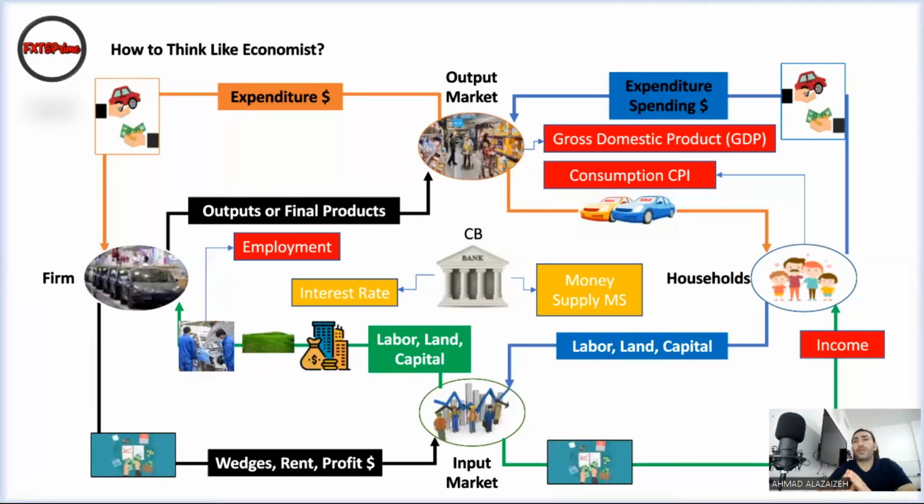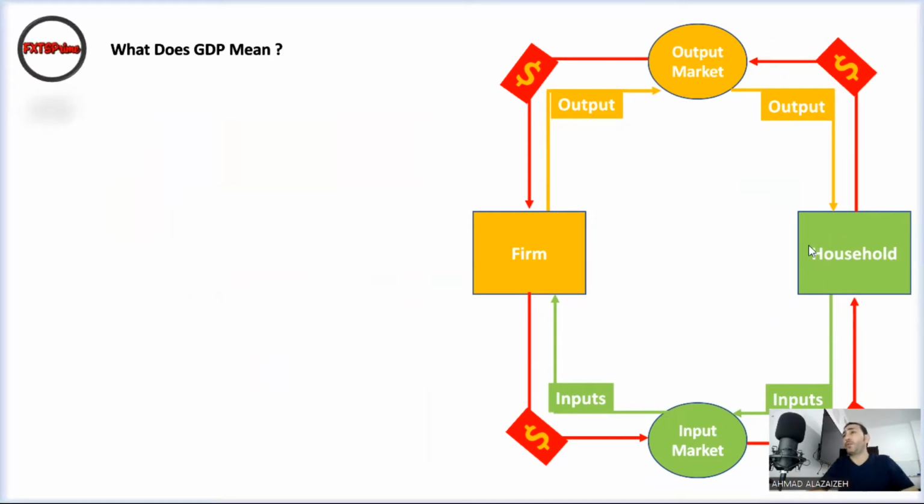So what we need to do now is explain this cycle again in a simplified manner. We said that we have a household, a group of people living under one house. Those households are going to provide the capital, the land, and the labor to the firm, and the firm will produce outputs, that is the services and goods, and will offer them in the output market, and the output market will sell them to the household.